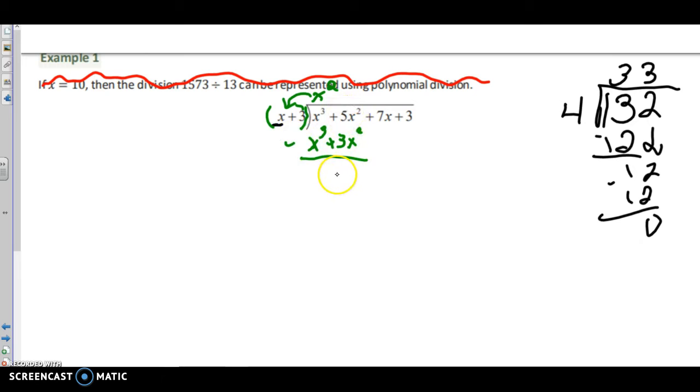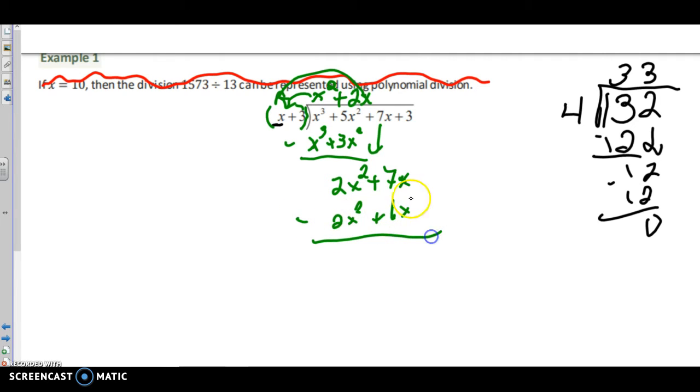5 minus 3 is 2x squared. The x cubes cancel out. And I'm going to bring down the 7x. X goes into 2x squared 2x times. Then I'm going to multiply the whole thing by 2x. So I get 2x squared plus 6x.